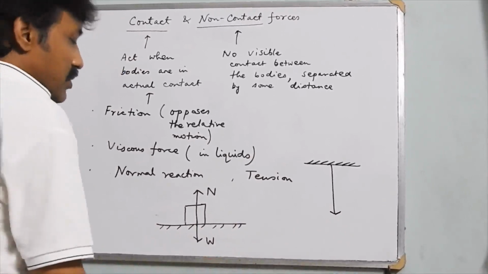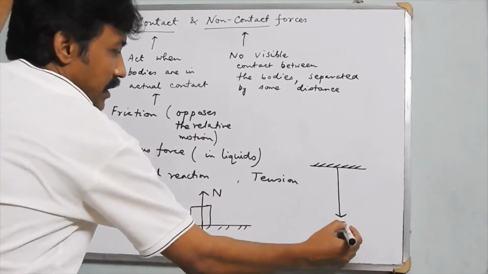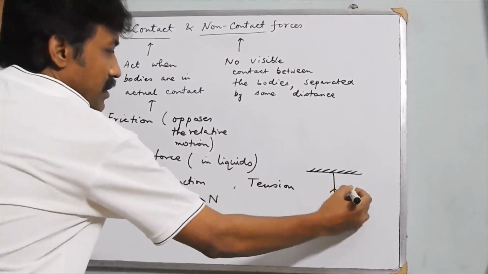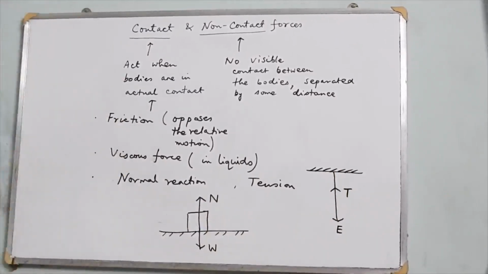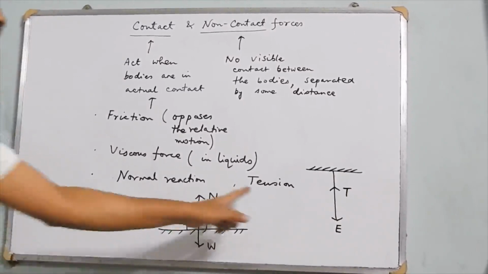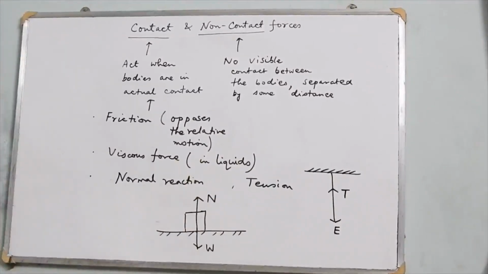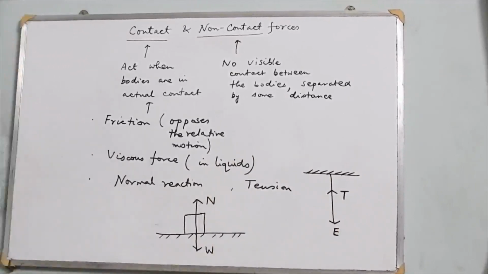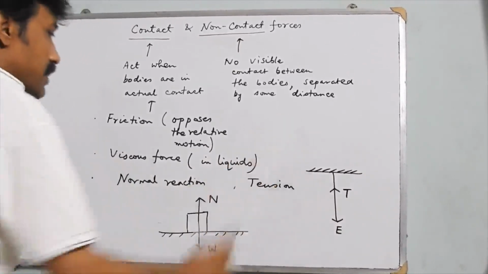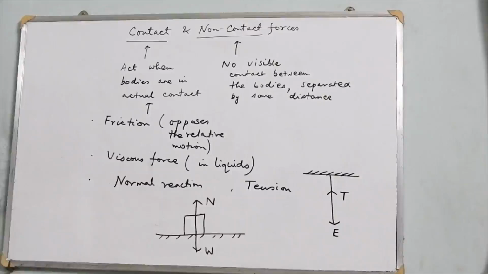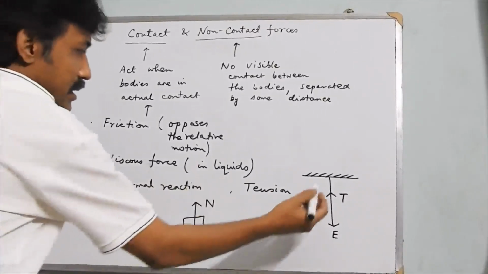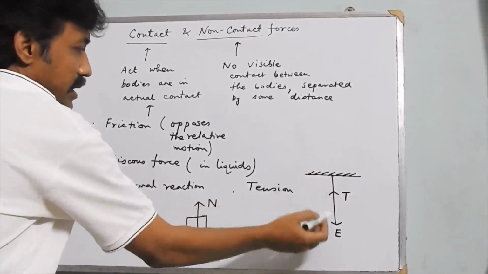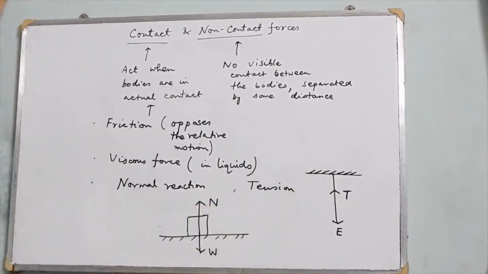You try to stretch the string, suppose you call this force the effort, then automatically a tension will develop in the string which will act in the vertically upward direction, and definitely that is a contact force, because you need to have a physical contact with the string in order to pull it. The tension always develops in the direction of the support. Because the string has been supported from this point, the tension is acting towards the direction of support.